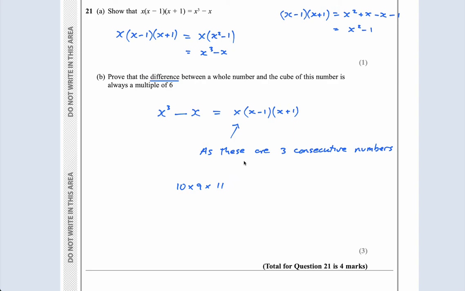As they are 3 consecutive numbers, one of them has to be even, so it has to be a multiple of 2. And one has to be a multiple of 3.